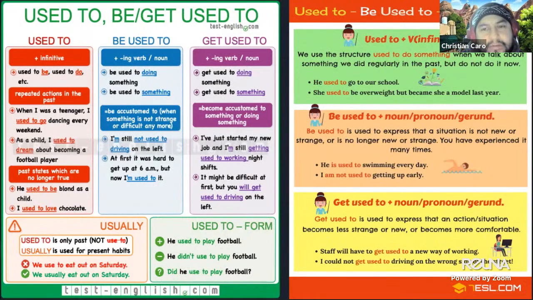When we try to adapt, to adjust to new circumstances, when we learn new things, we normally describe the process with get used to. For example, we're trying to get used to this online education. We're still in the process, actually, of getting used to it, right?